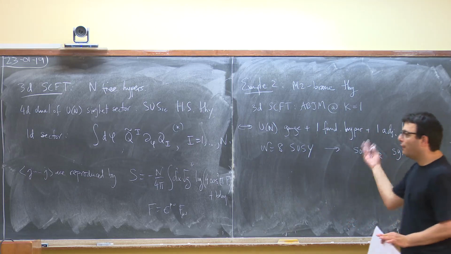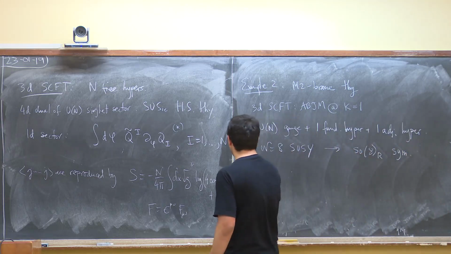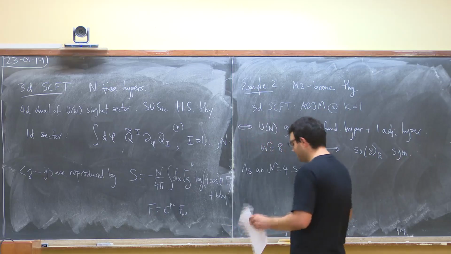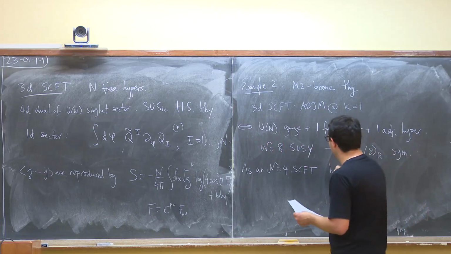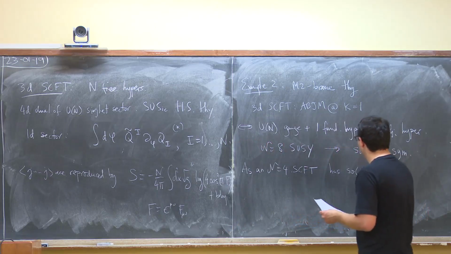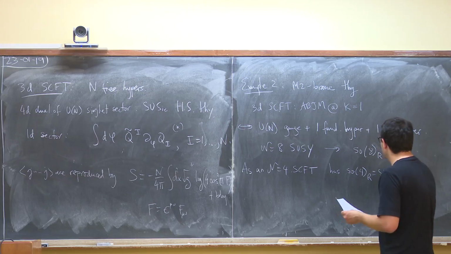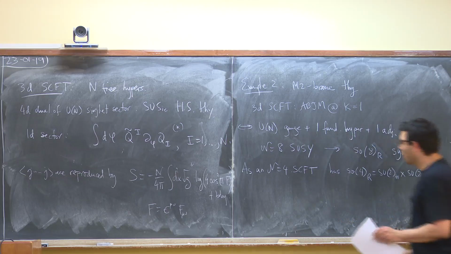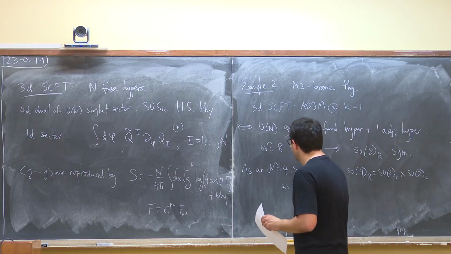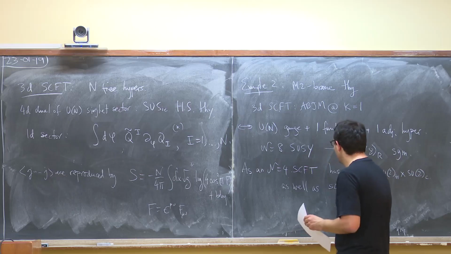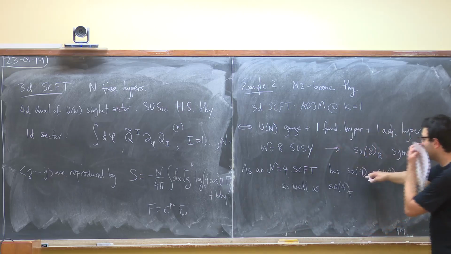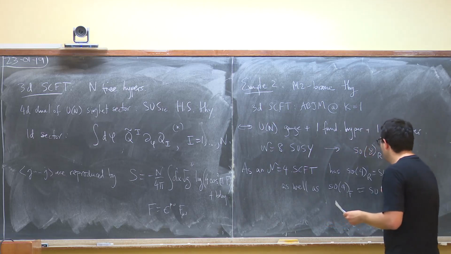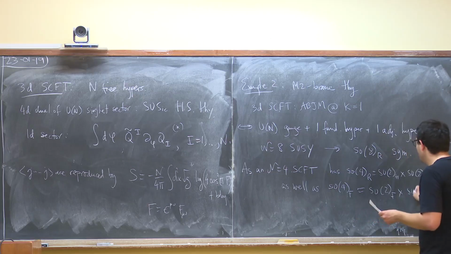But the whole discussion so far was for N=4 superconformal field theories. So as an N=4 SCFT, this has SO(4) R symmetry, which I was writing as SU(2)_H times SU(2)_C, as well as an SO(4) flavor symmetry, whatever commutes with this SO(4) inside SO(8), which I'm going to write as SU(2)_F times SU(2)_F prime.